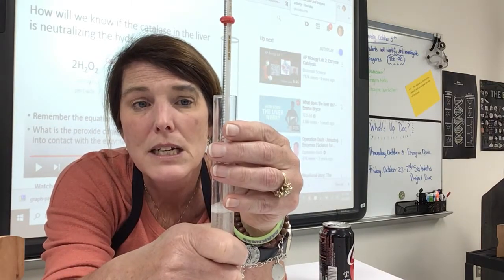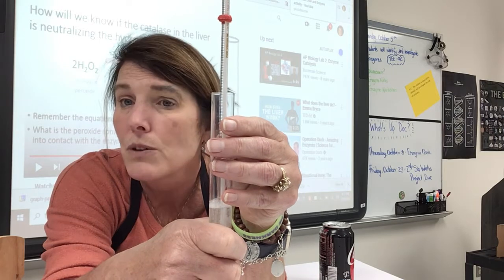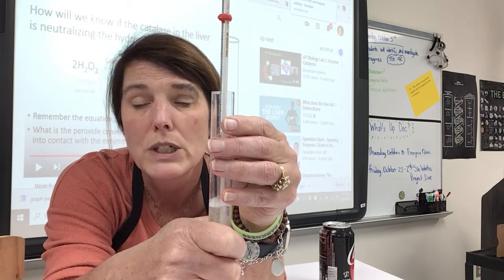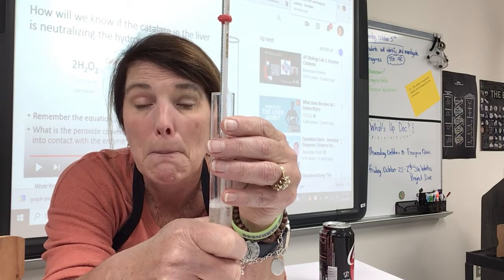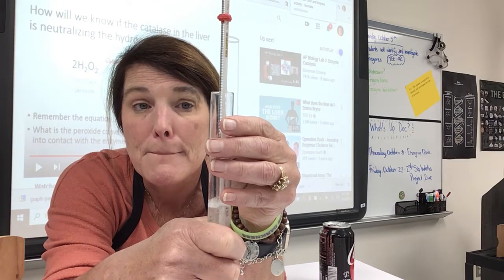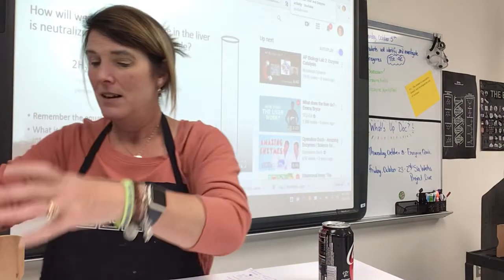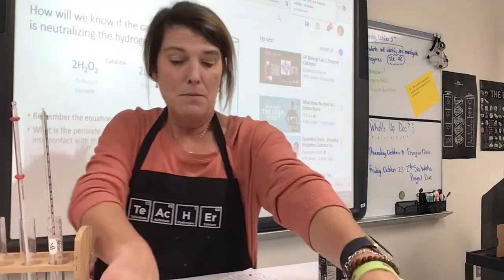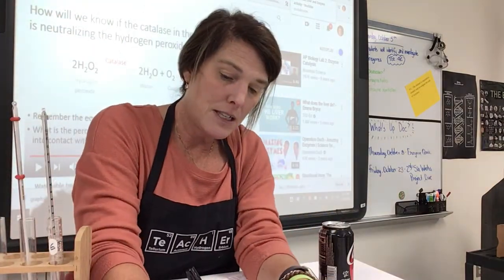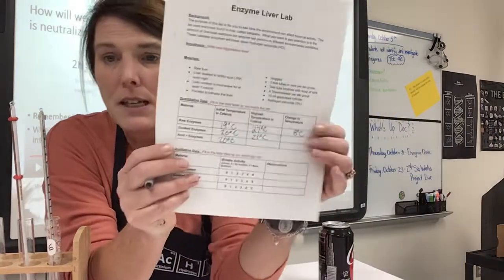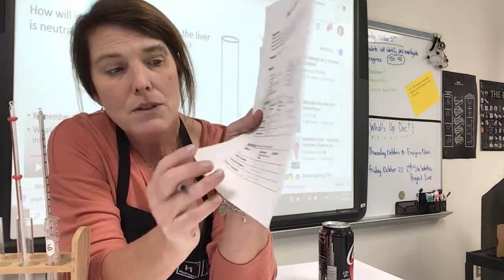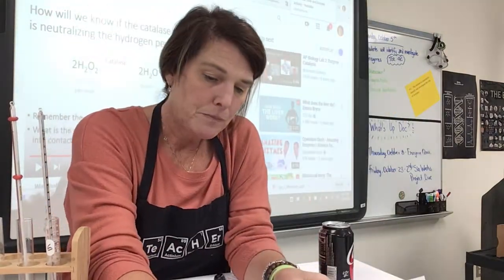I am sitting at 21 degrees Celsius. 21 is where we're sticking. Okay, then it's going down. So on my sheet, cooked enzymes, 21 degrees Celsius. And I'll have to find the difference right there.